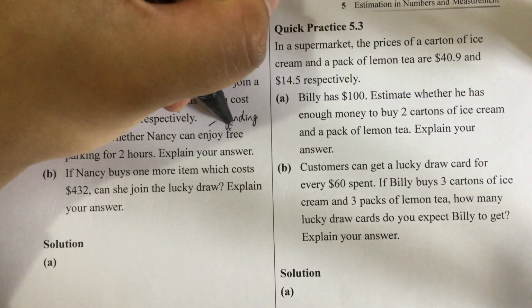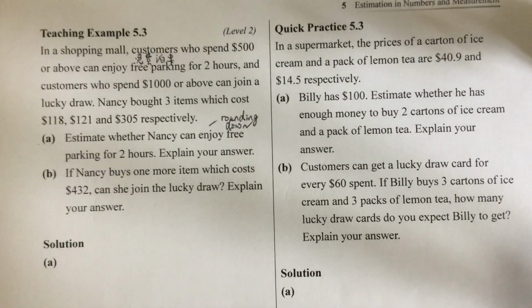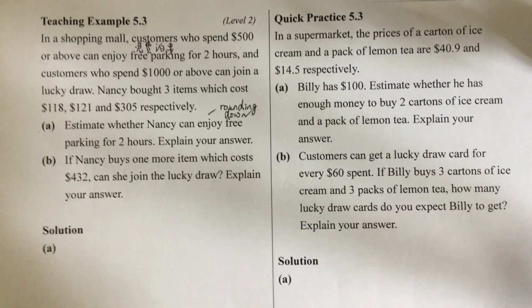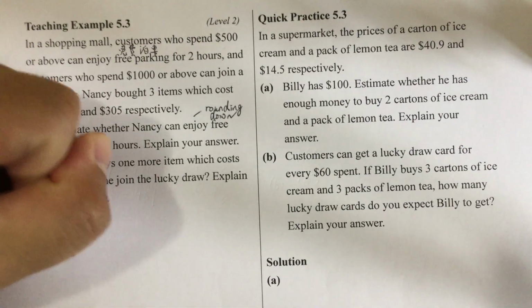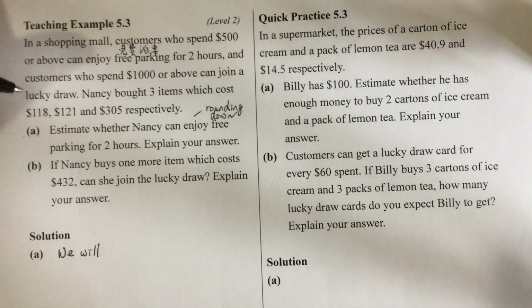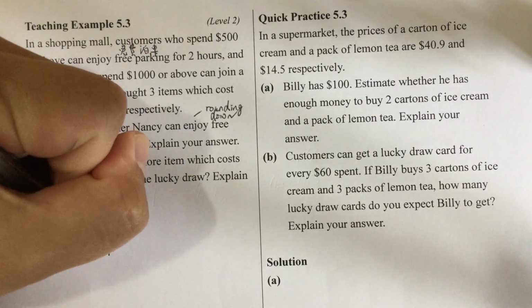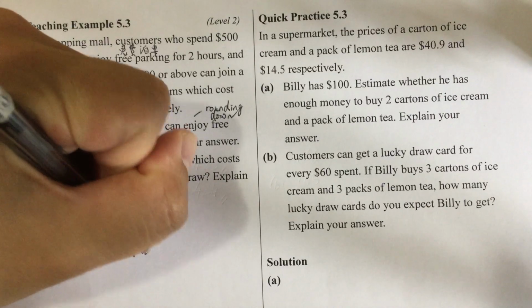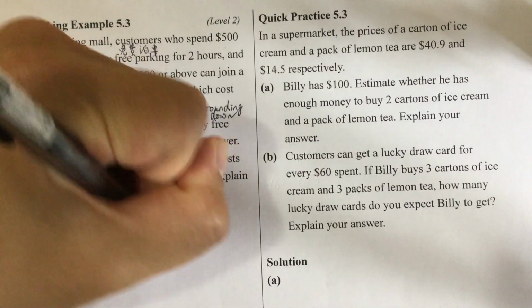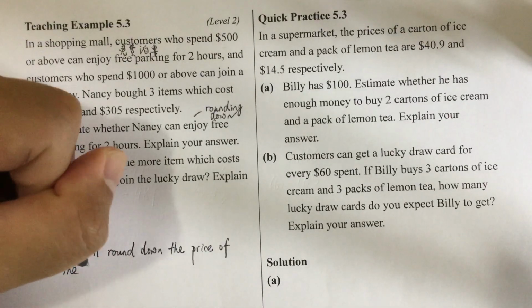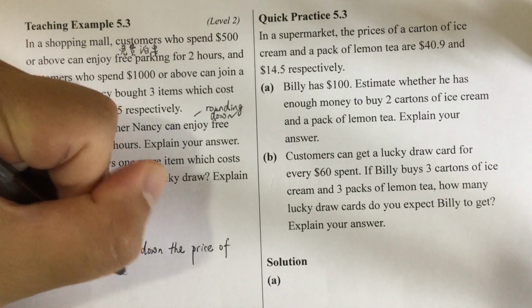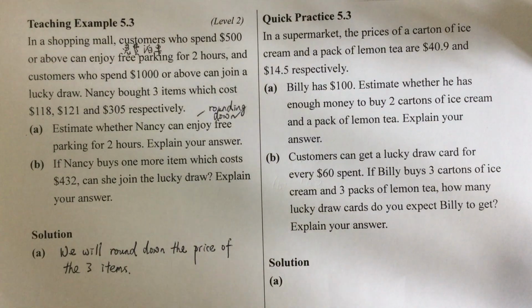So rounding down here for part A. So what will we do? We will write down the answer: we will round down the price of the items, three items, and we will make it smaller.